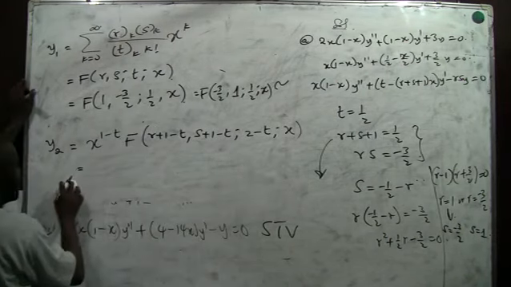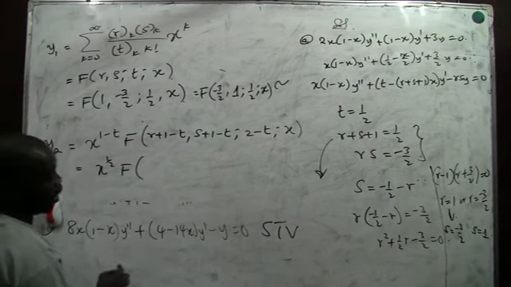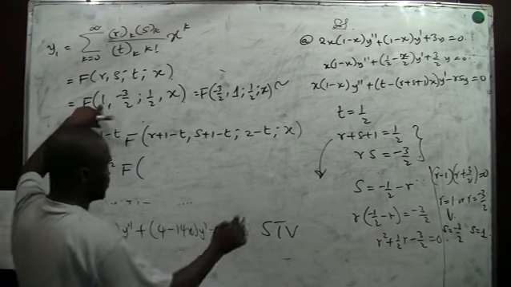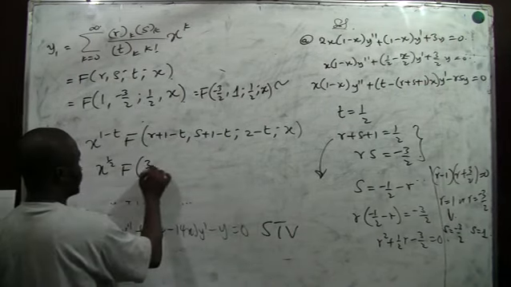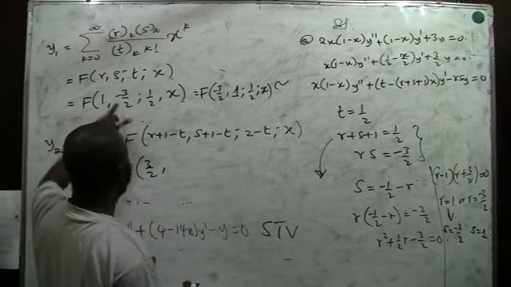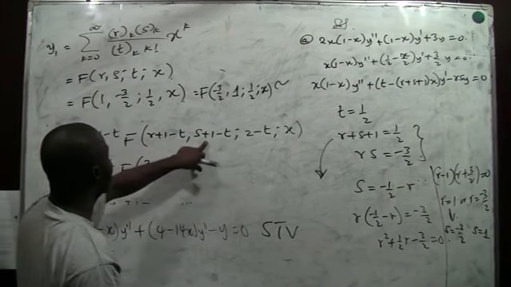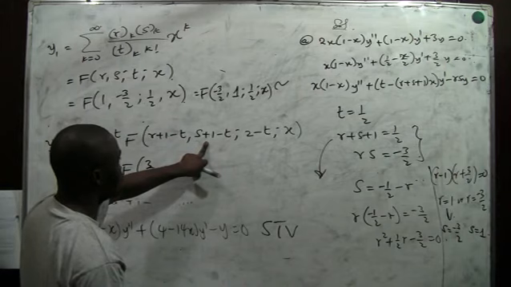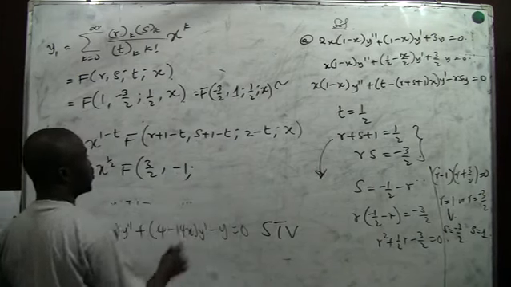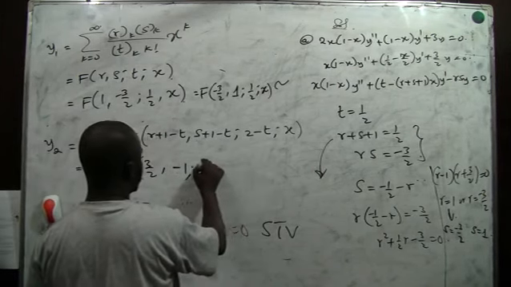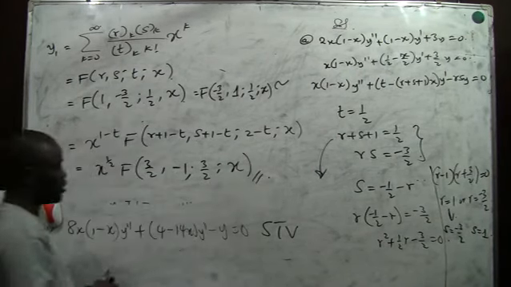So our t is half, so this becomes x to the power half F, and our r we have considered to be 1. So 1 plus 1 is 2. 2 minus half will give us 3 over 2; we consider our s to be minus 3 over 2. Minus 3 over 2 plus 1 will give us minus half. Minus half minus half gives us minus 1; 2 minus half will give us 3 over 2; x. That is the second solution.